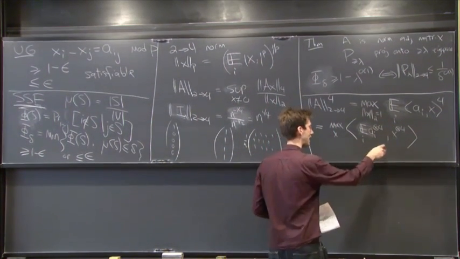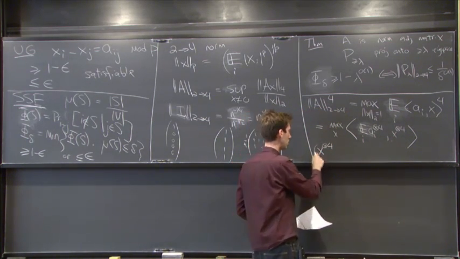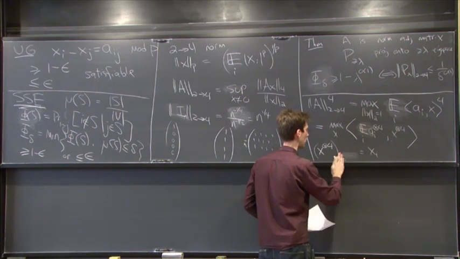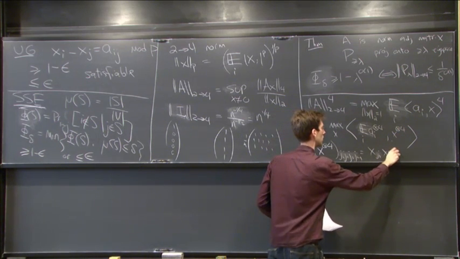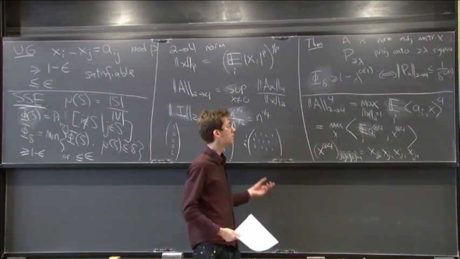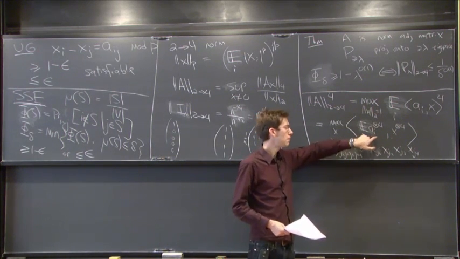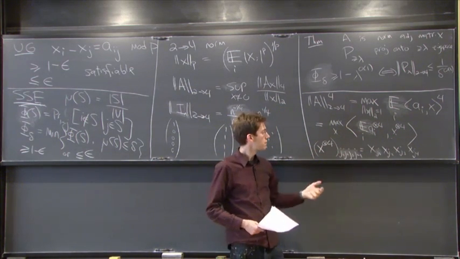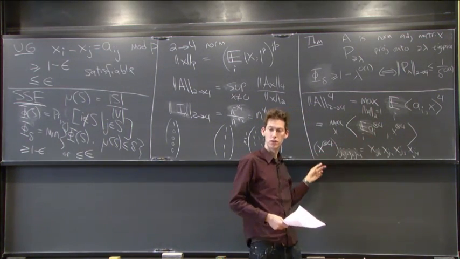So by x tensor 4, what I mean is a vector of length n to the 4 with entries, let's call this J1, J2, J3, J4, that are just the products of the individual ones. So this lets us separate it into something that depends on the problem and something that we want to maximize over. And so now we can do things like take the convex hull of these and sort of separate it into the part that's instance dependent and the part that's universal.